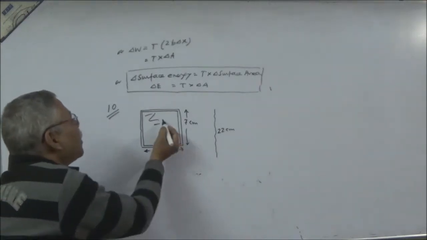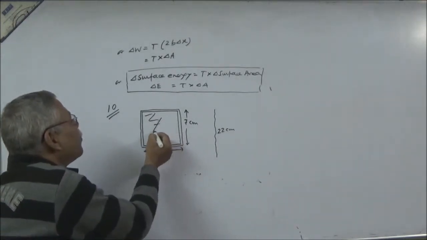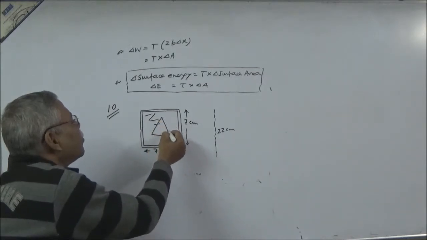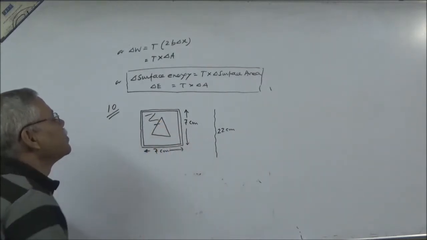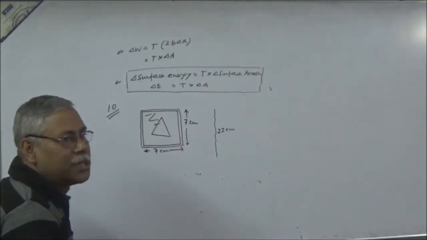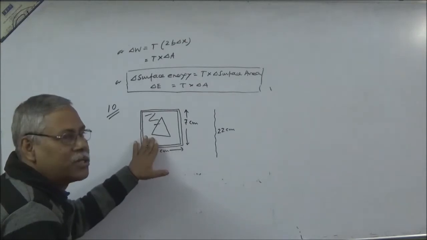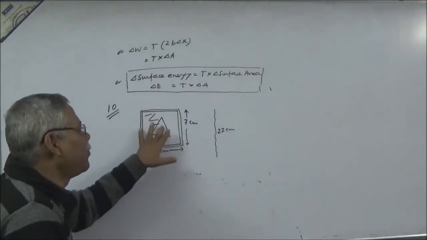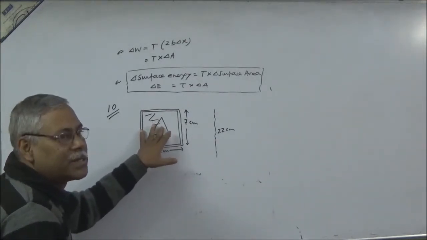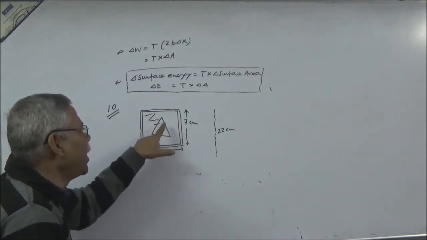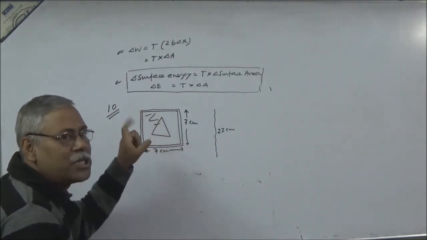Okay, this is a piece of thread. So you have film outside this and you also have film inside this. The perimeter of this triangle, this piece of thread, is 22 centimeter.